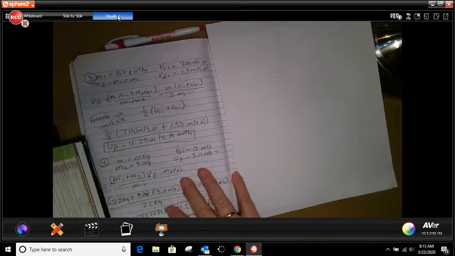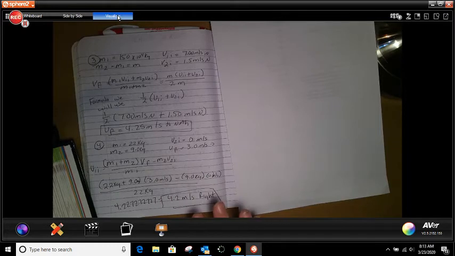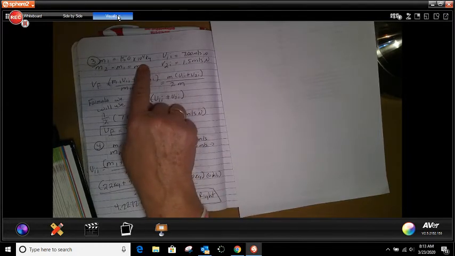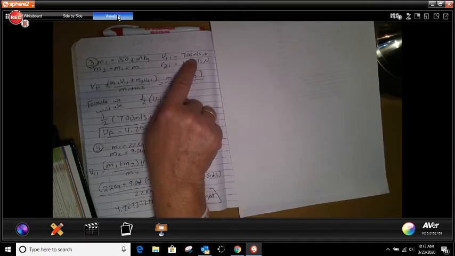Let's look at question number 3. Question number 3 says a 1.50 times 10 to the 4th kilogram railroad car is moving at 7 meters per second to the north and collides with a stationary railroad car of the same mass.